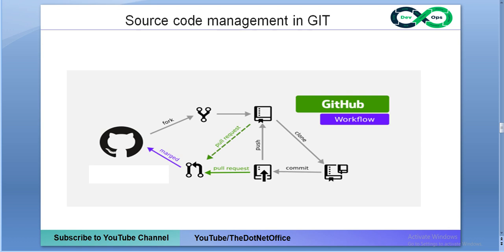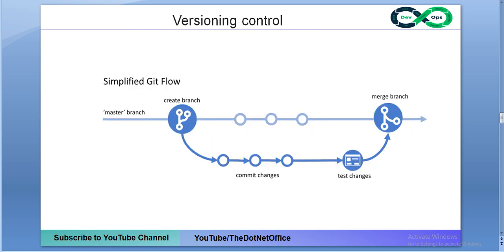Another problem is that there is no record of what was done by whom. In this major branch, the create-branch step is done for a particular developer. A particular developer working on one task will create that branch, commit the changes, test the changes, and then merge into the master branch.